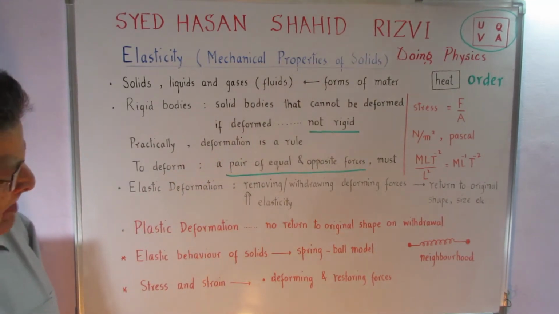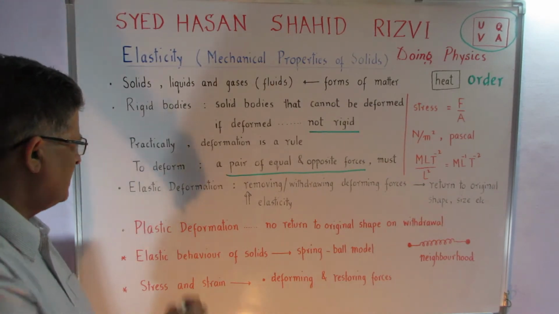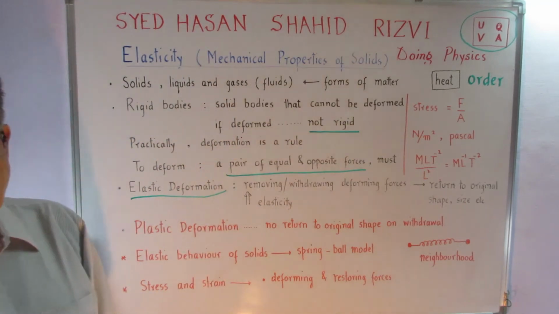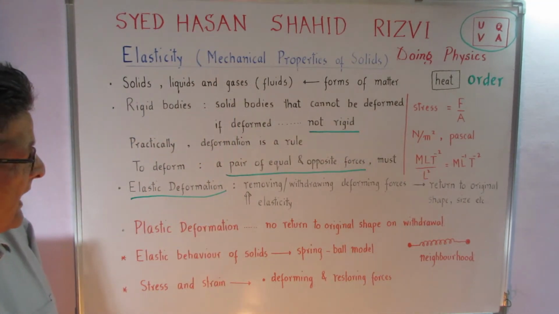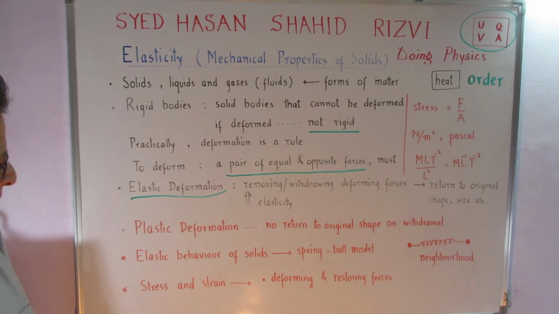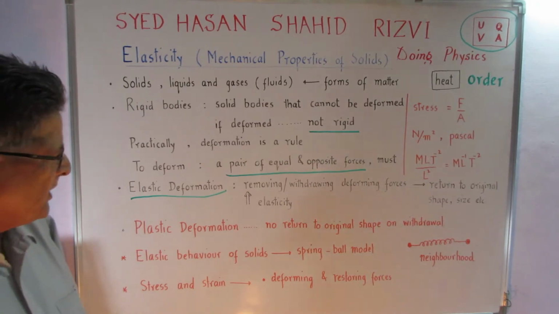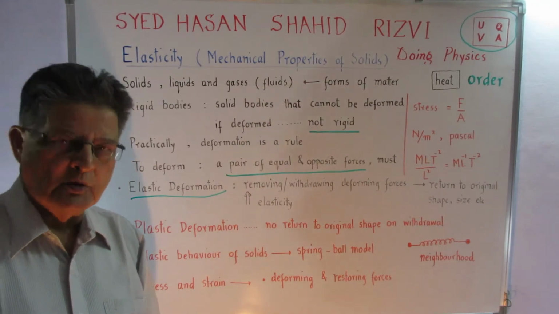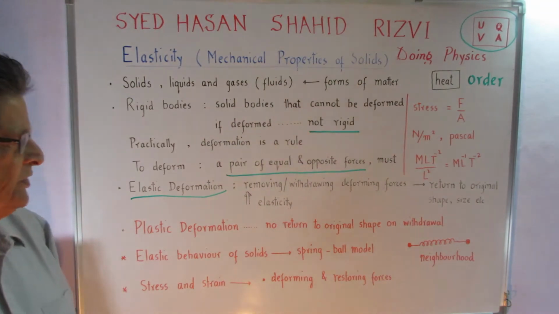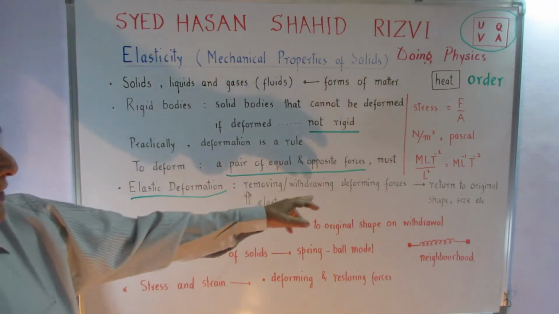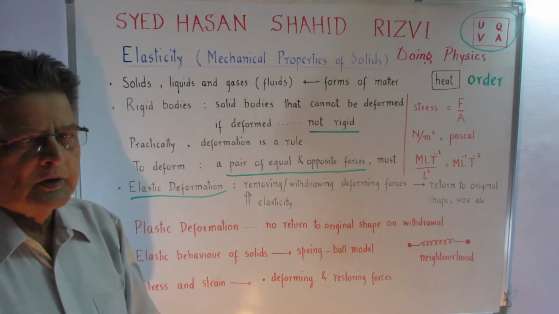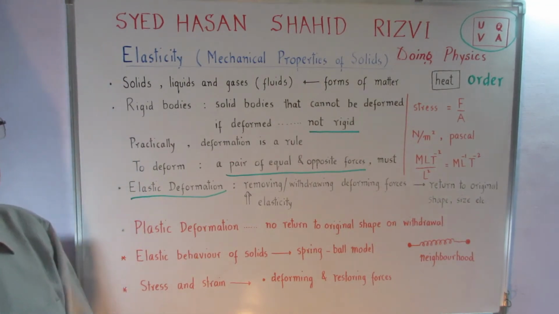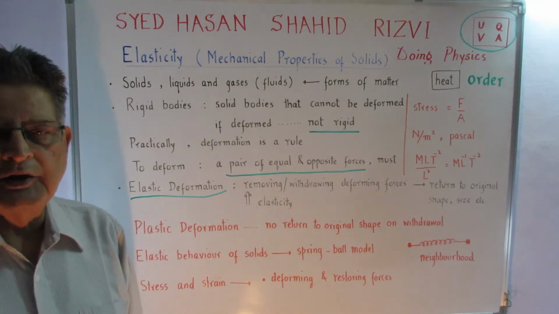Now there are materials in which there is an elastic deformation. Elastic deformation is such that if the deforming forces are withdrawn or removed, then the body under deformation returns to its original shape, size, etc.